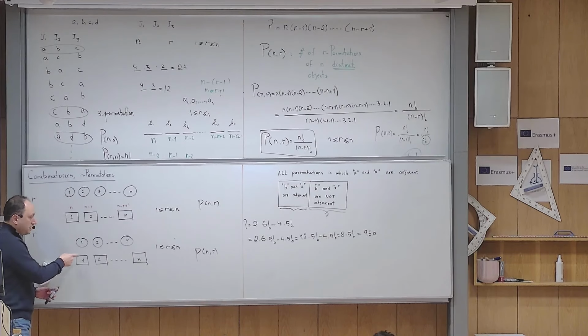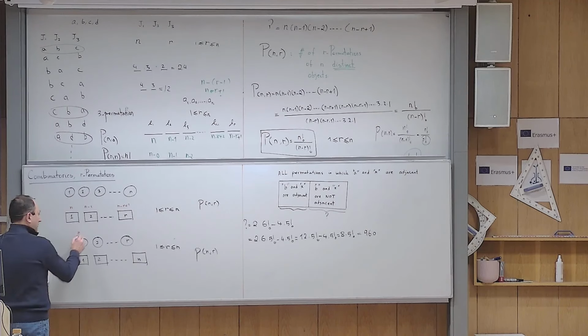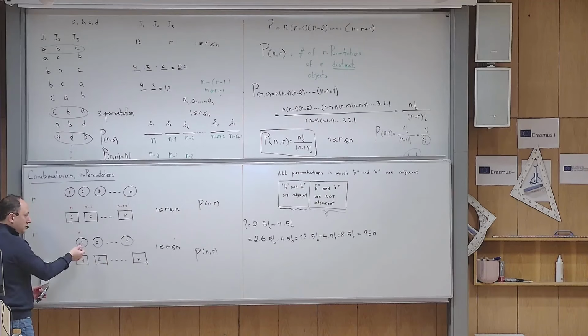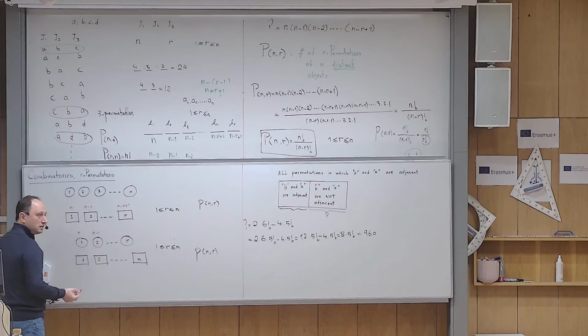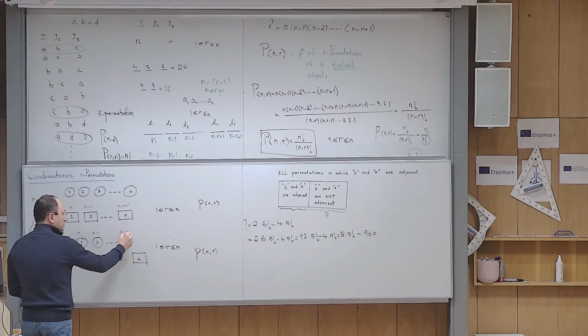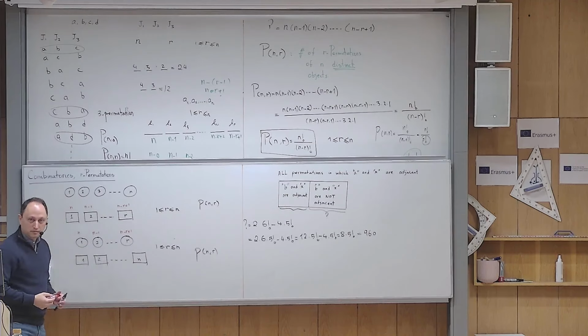Assigning a box to a marble. How many ways can I do the first stage? Again, n. After one of these boxes is assigned to this marble, I want to assign a box to the second marble. How many ways can I do that? N minus 1. And for the same reason, the last one is this one. So you see the answer is the same.